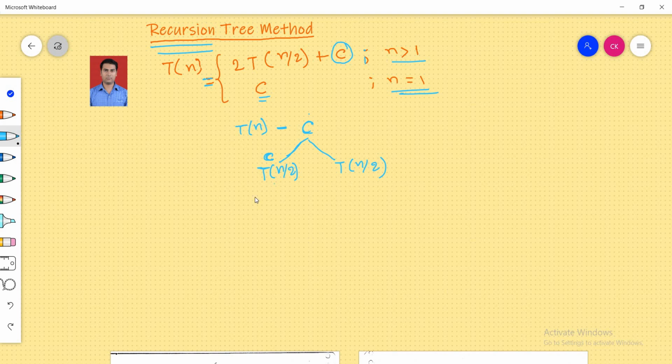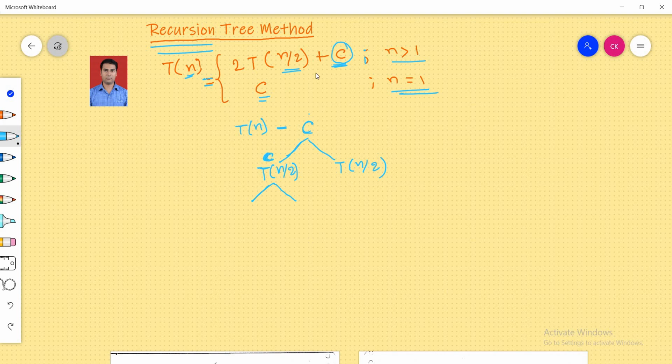Now again at this node, at this level, if we do c amount of work, then again we are able to break this problem into two halves, each of size half of n.